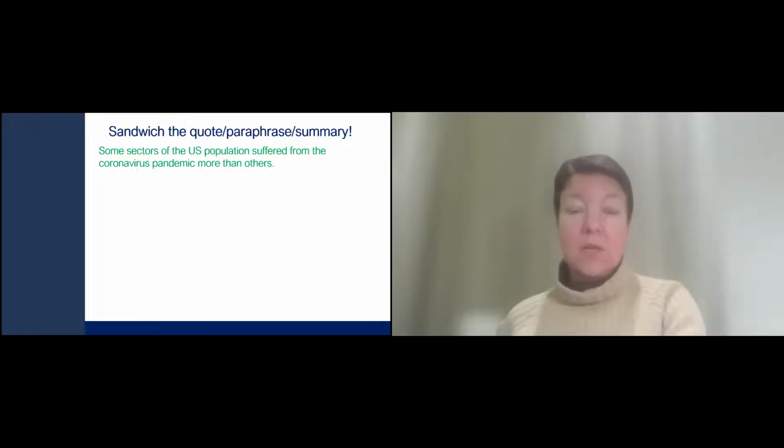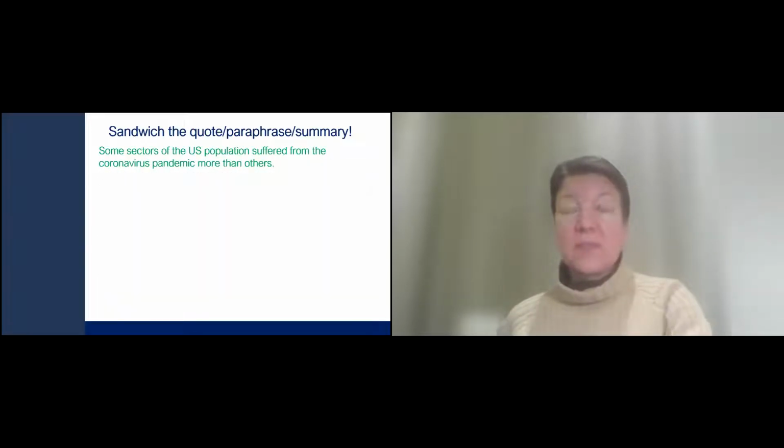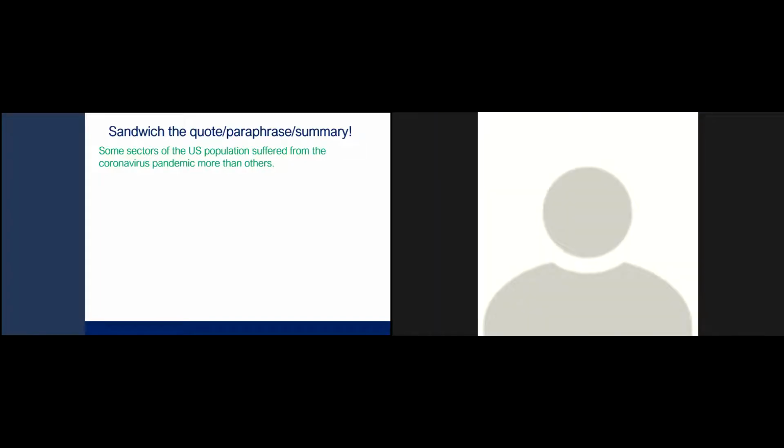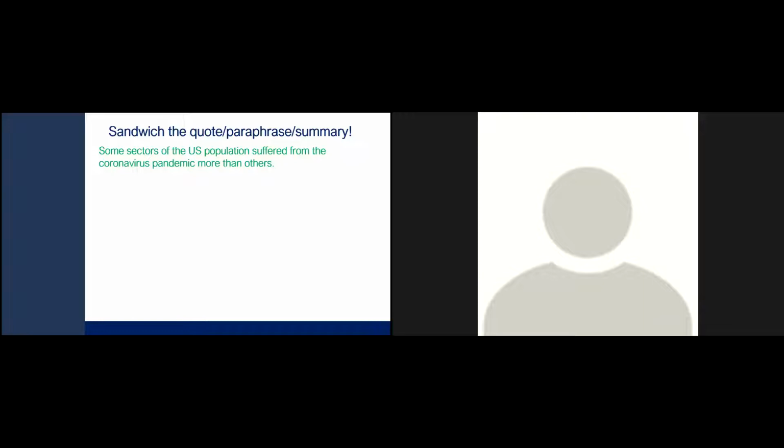So if we compare, this is the full paragraph. This is the first sentence in it. Can we label it? You can put it in the chat, or you can unmute yourself and just say it. Topic sentence, thank you. Any other opinions? Start point, maybe. There we go. It's a starting point, it's a topic sentence.